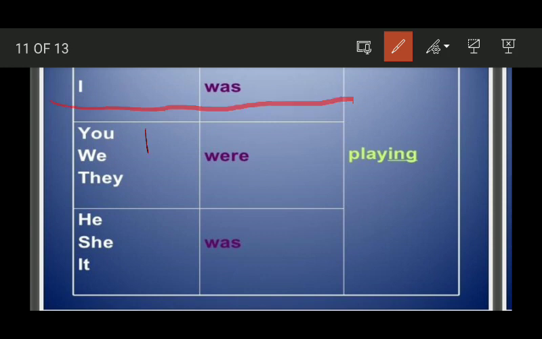You, we, and they: for these three subjects, we always use were, because these are generally known as plural number subjects, and for plural number subjects in past continuous tense the helping verb is were. Is it clear? I hope it is clear to all of you.